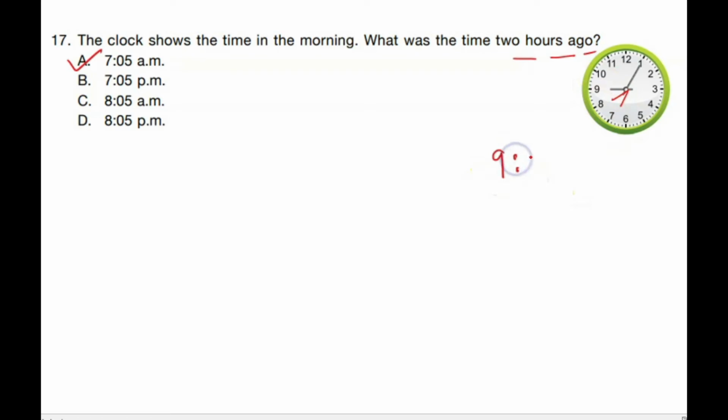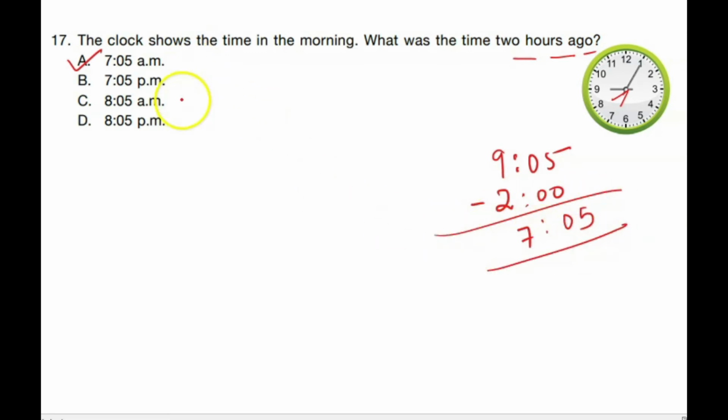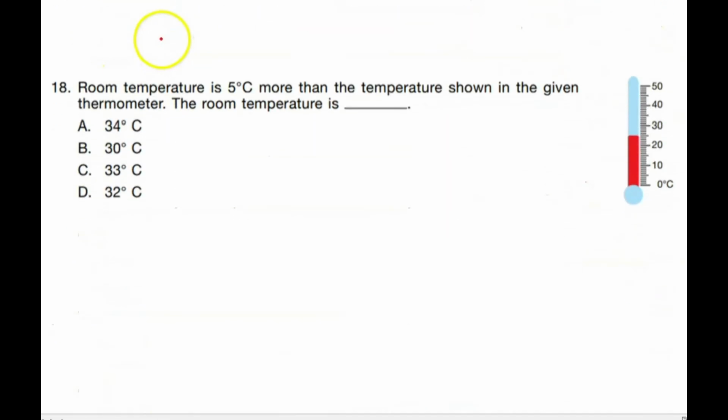Simply, it's showing 9:05. 2 hours, that means minus 2. We'll get 5 minutes here and 7. 7 hours, 5 minutes. 7 a.m. Because it's morning, so we'll select a.m., not p.m. Now, question number 18.